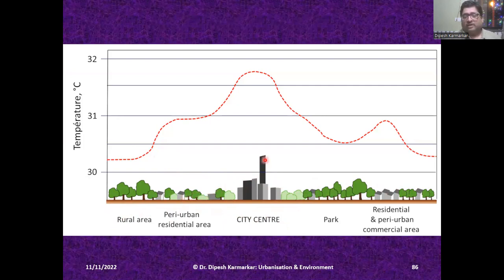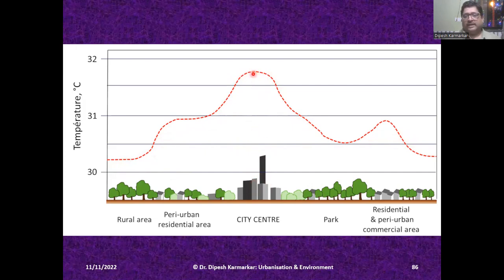So the urban area is surrounded by rural area. Now if we plot the temperature of these rural as well as urban areas, then we get a line graph of this kind, right? You can easily see that the peak of this graph is exactly above where the city center is located, right?